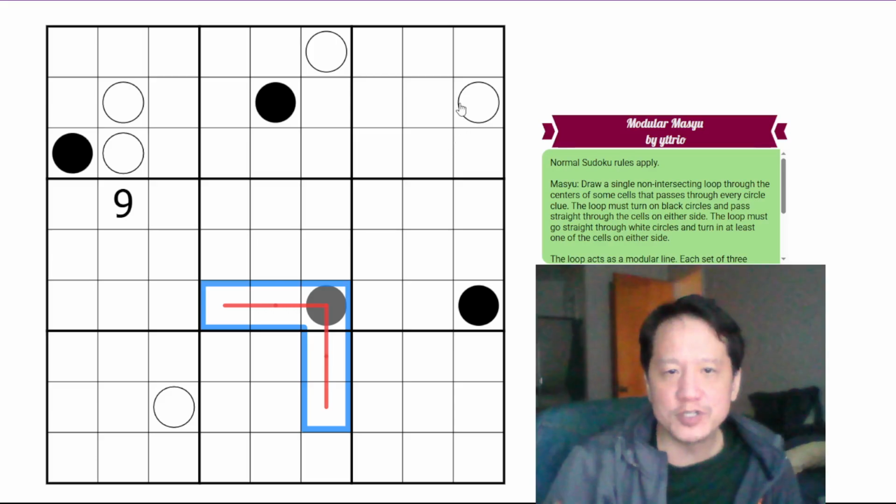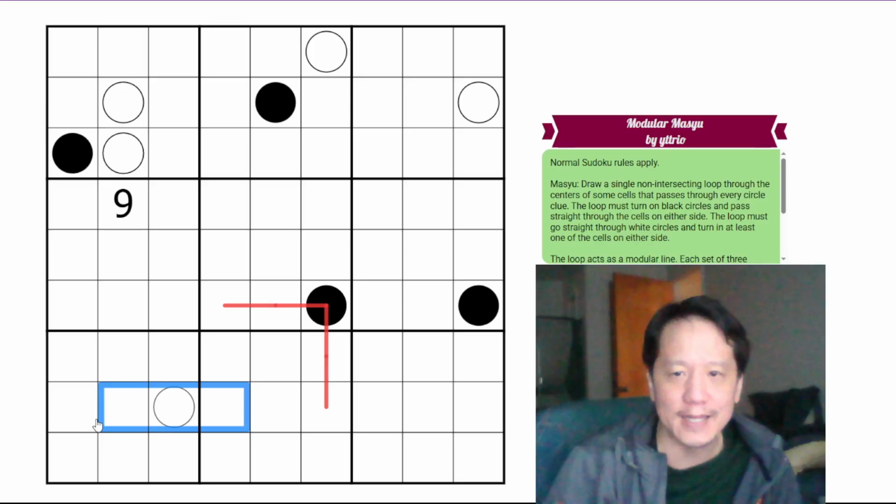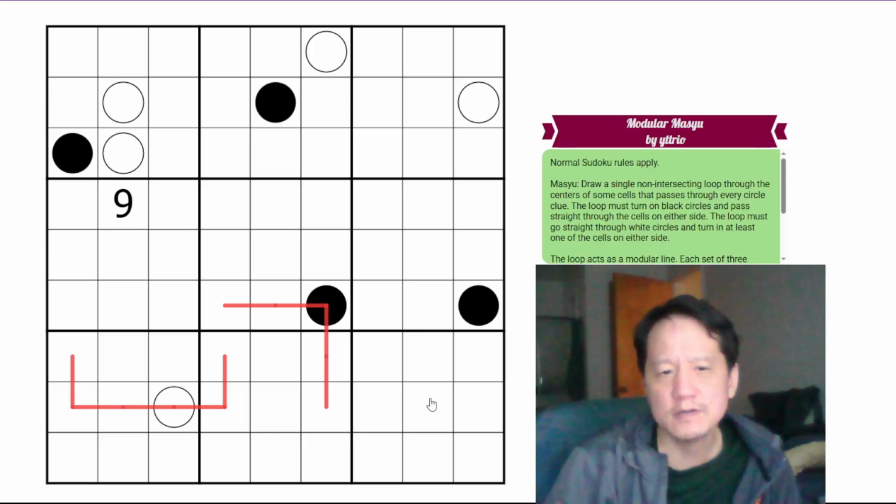The loop must go straight through white circles and turn in at least one of the cells on either side. So it could do something like this, I think.